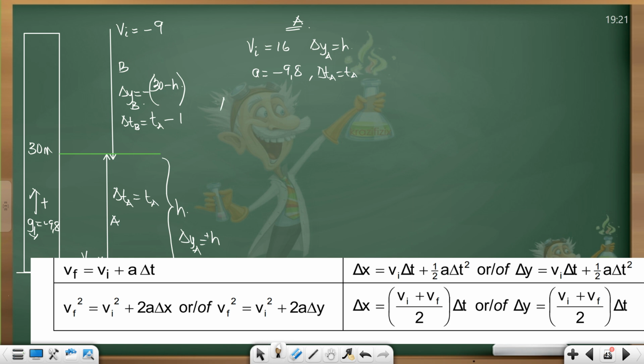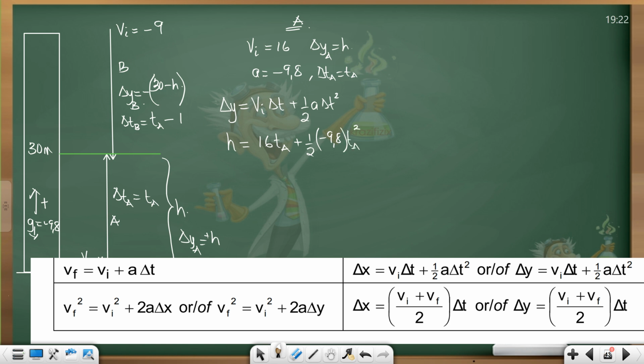Delta y, I'm going to run with my calculation now, equals vi delta t plus half a delta t squared. Okay, what's my delta y, by the way? h. What is my vi? 16. What is my t? tA. We're good. Plus 1 over 2 times negative 9.8 tA squared.